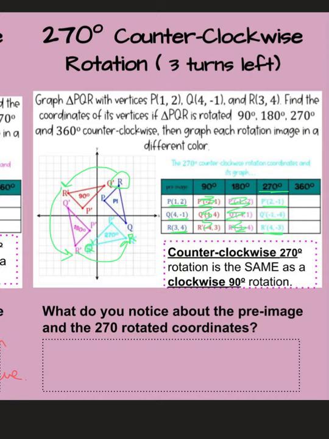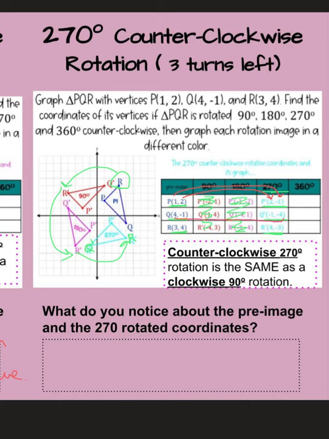But let's look closer at the actual values. So my original x was 1. Now I go to my new image, and the 1 is in the y spot, but became the opposite. The y coordinate was 2. Now it moved into the x spot. The x was 4 over here.